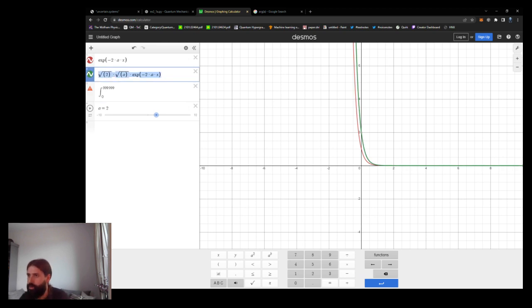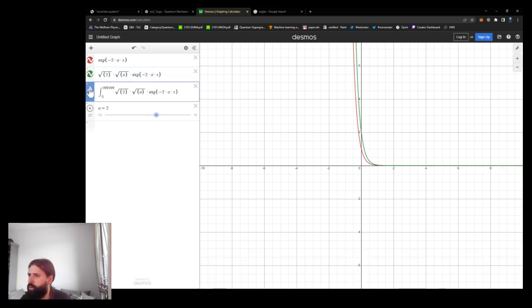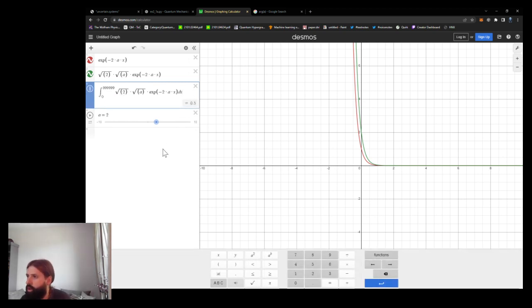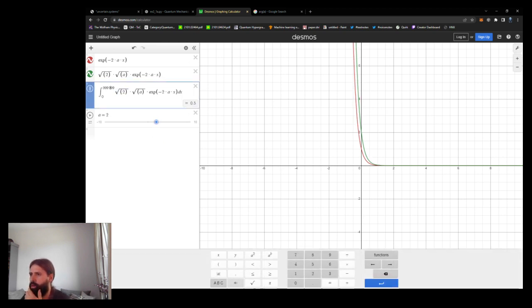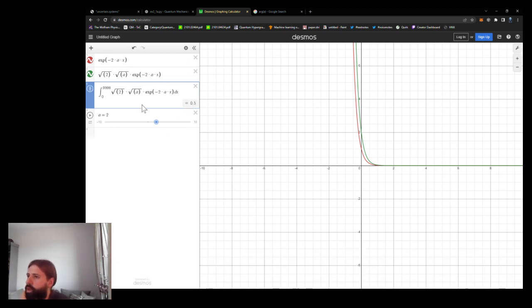What is that? dx, 0.5. It's supposed to be 1, isn't it?